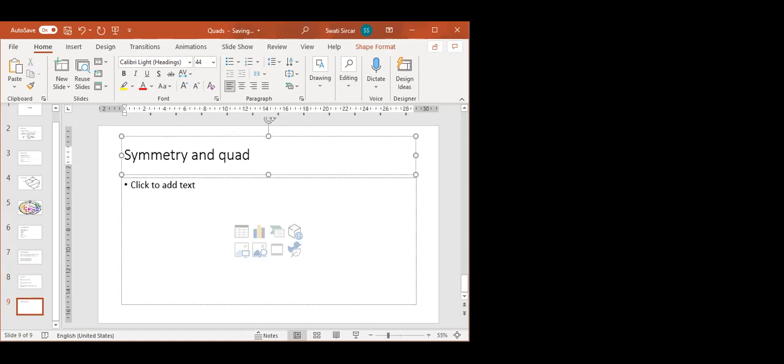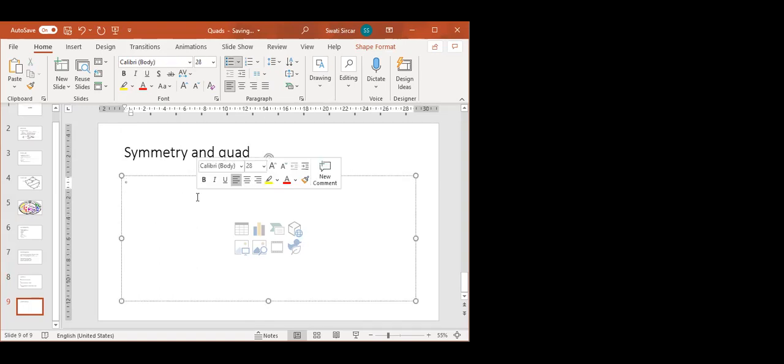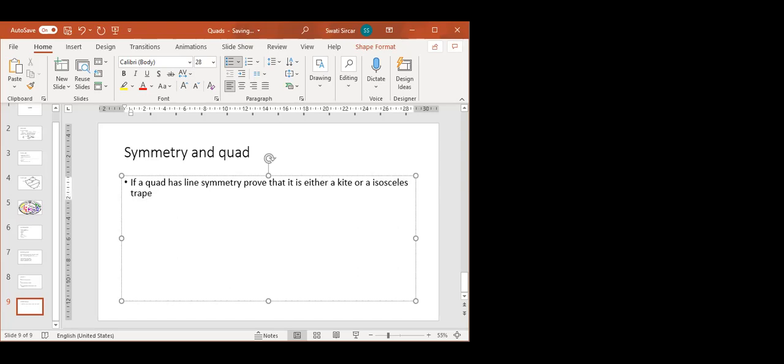Okay. All right. So one way is to see which quadrilateral has which symmetry. Now I'm asking you two questions as challenges. The first question is, if a quad has line symmetry, prove that it is either a kite or an isosceles trapezium.